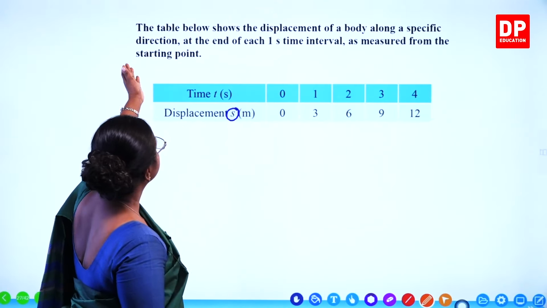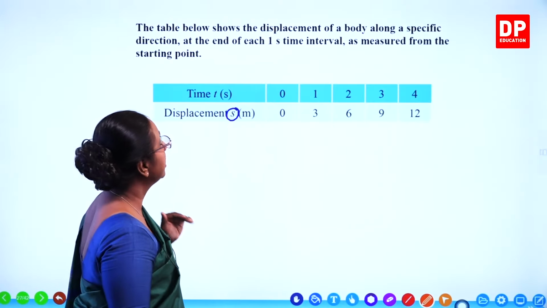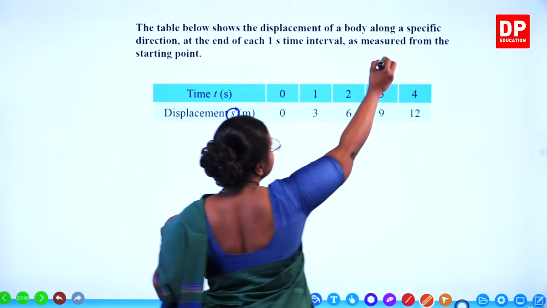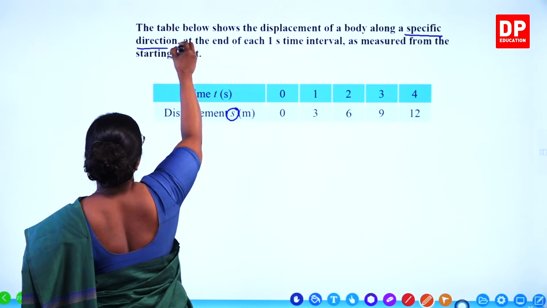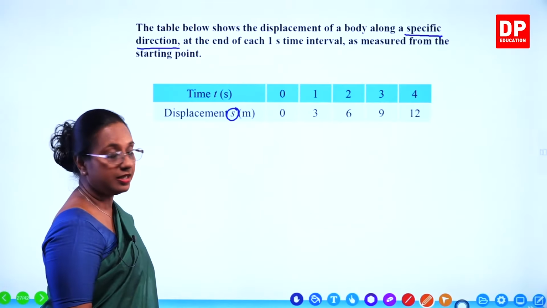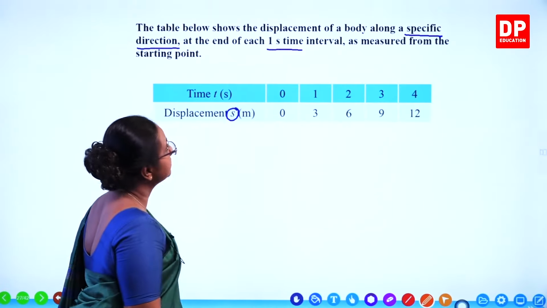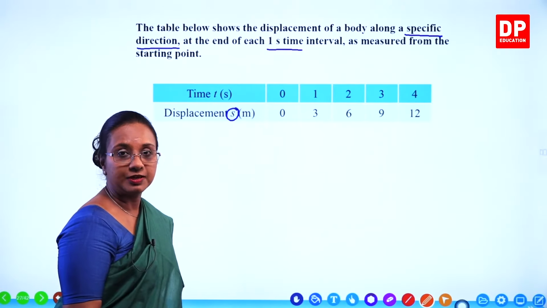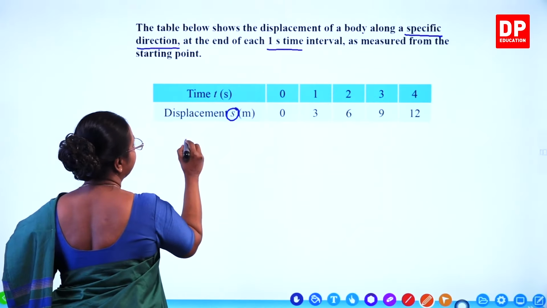So here you can see the table below shows the displacement of a body along a specific direction. So here they have mentioned that it is along a specific direction and each time interval is a 1 second time interval.